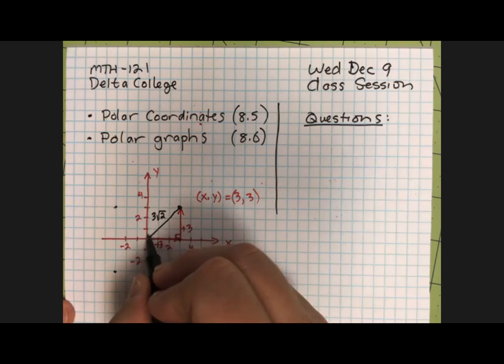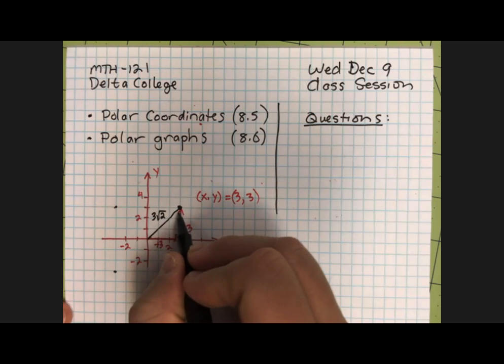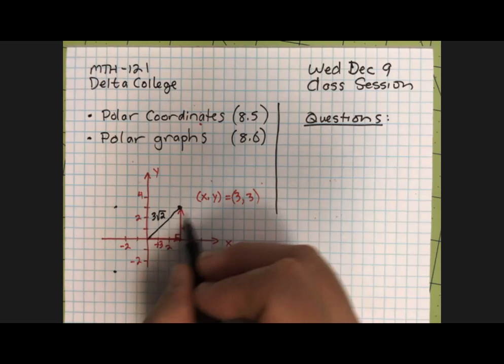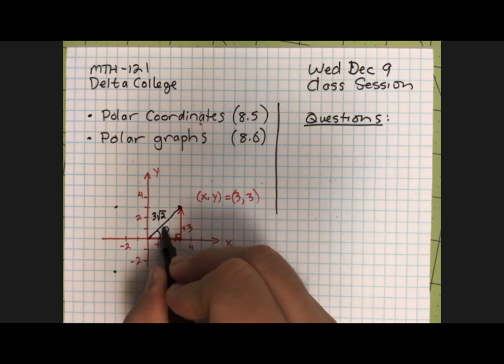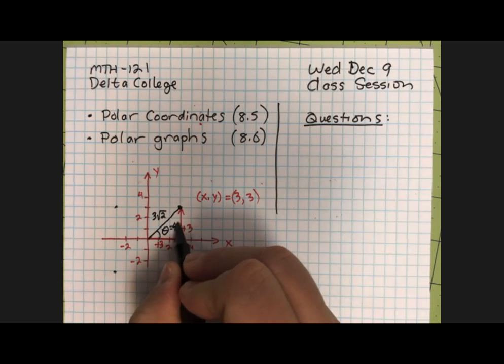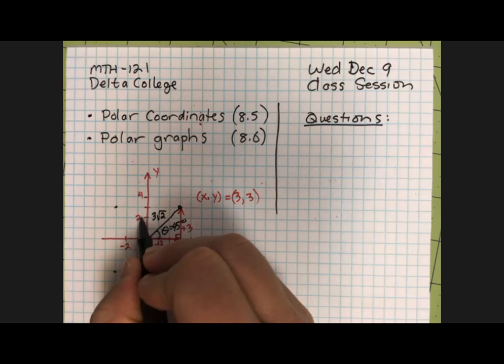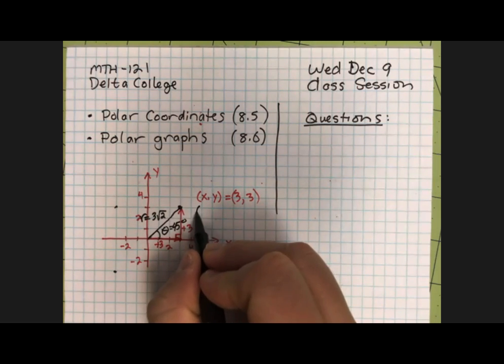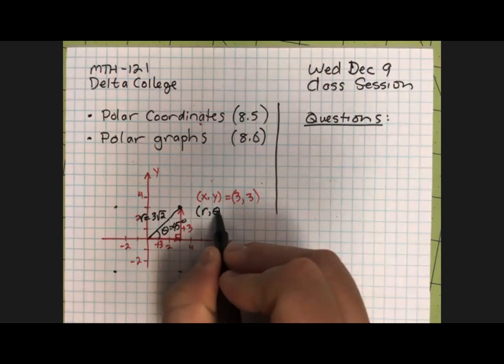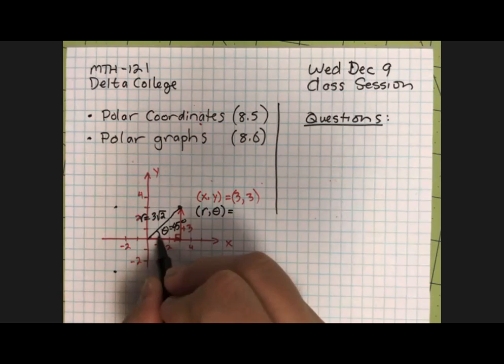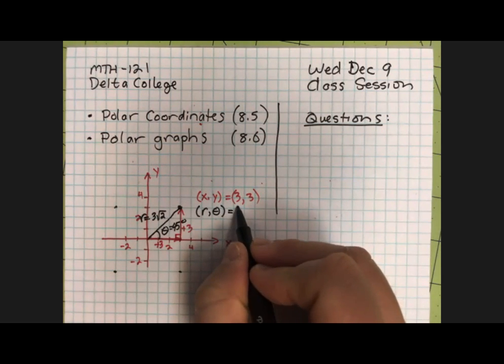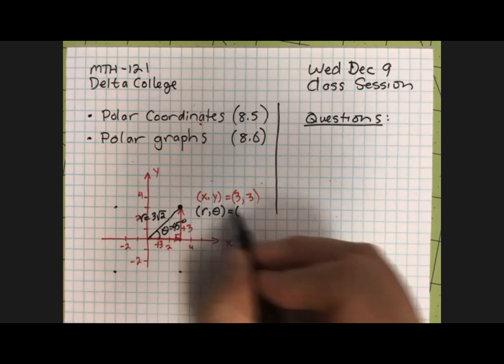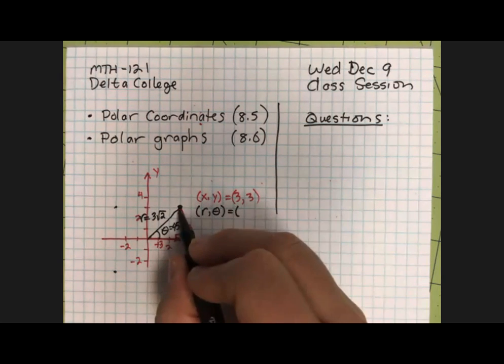So just telling you that the point is 3√2 away from the origin doesn't help you at all unless I also tell you the angle. And the angle here is 45 degrees. So once I specify the distance from the origin and the angle you should turn, do you see that I've also directed you to that point?